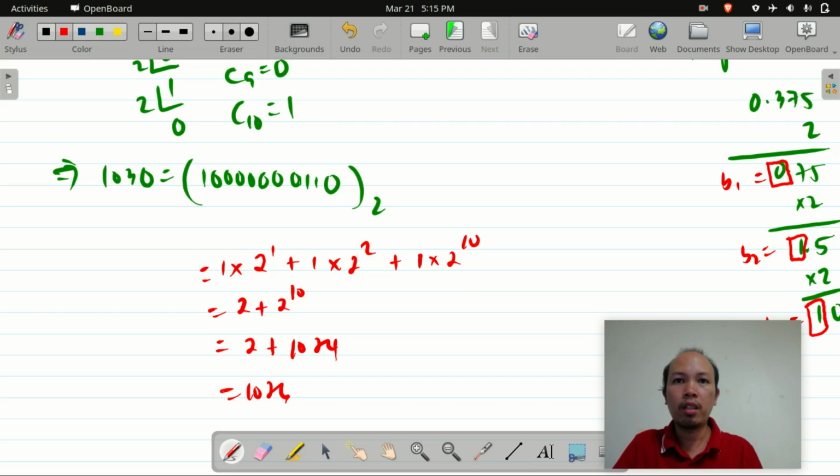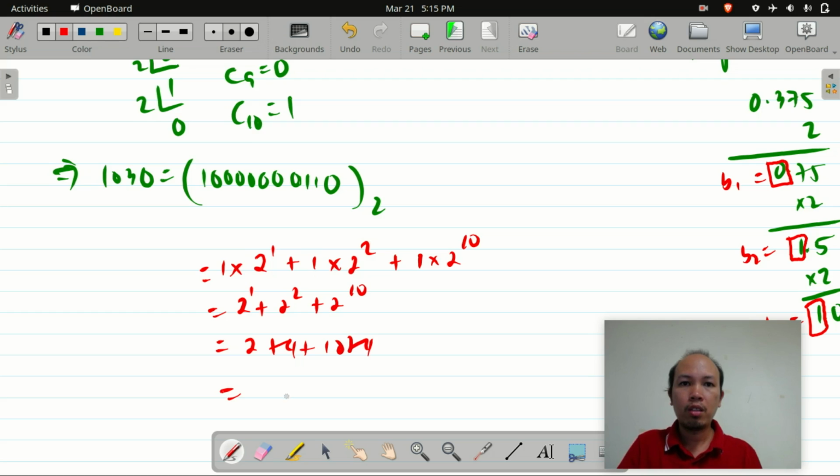Okay, so this will be 4. No, let's go back. This is 2 to the 1, this is 2 squared plus 2 to the 10, and then erase this one. Okay, plus 4 plus 1000, so 2 to the 10, 1024. So this is 1030.